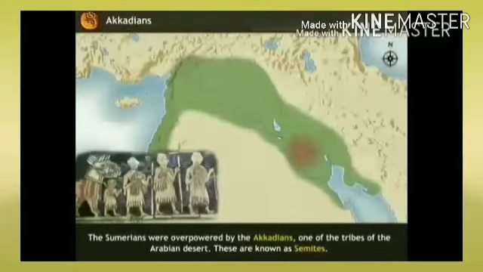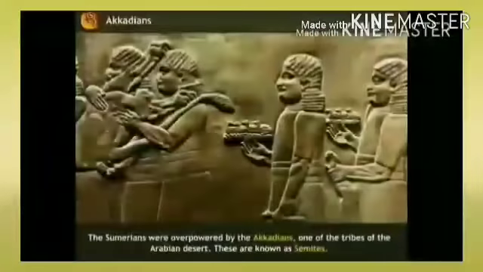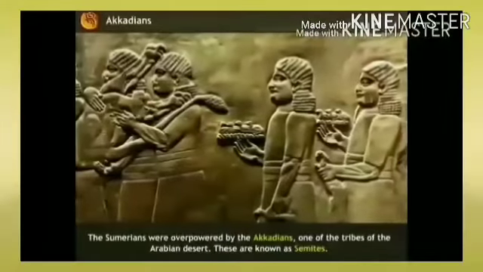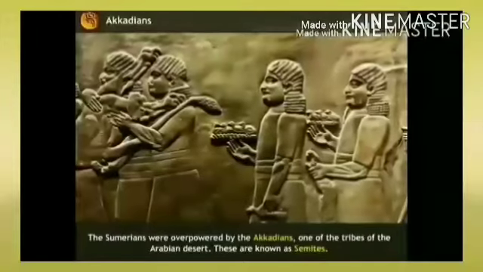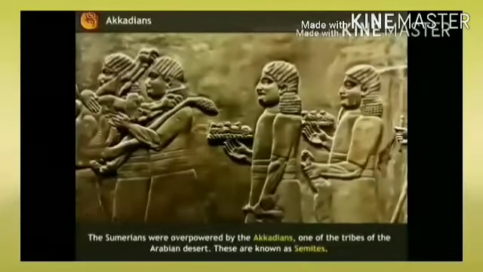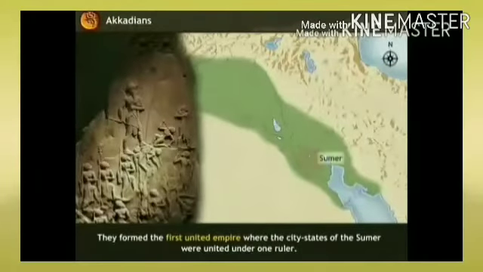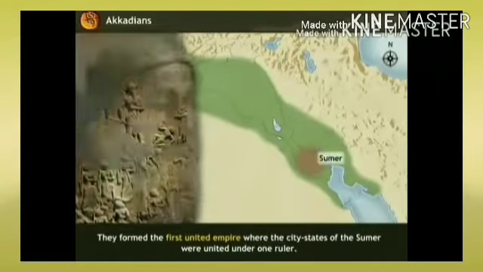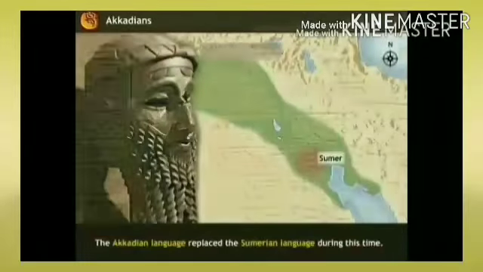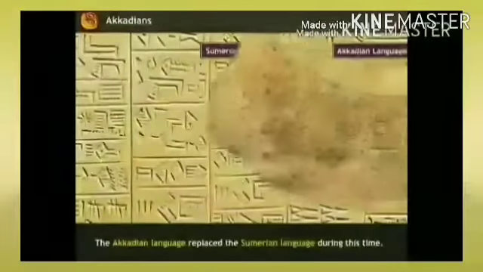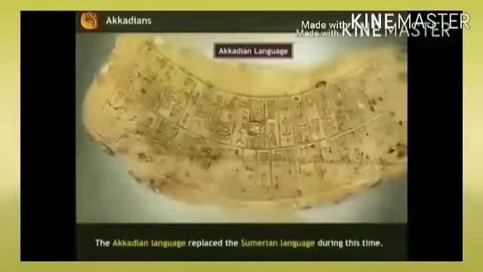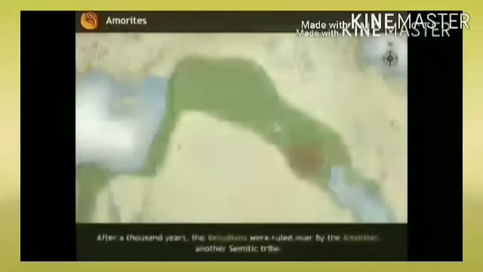The Sumerians were overpowered by the Akkadians, one of the tribes of the Arabian desert, known as Semites. They formed the first united empire where the city-states of Sumer were united under one ruler. The Akkadian language replaced the Sumerian language during this time.